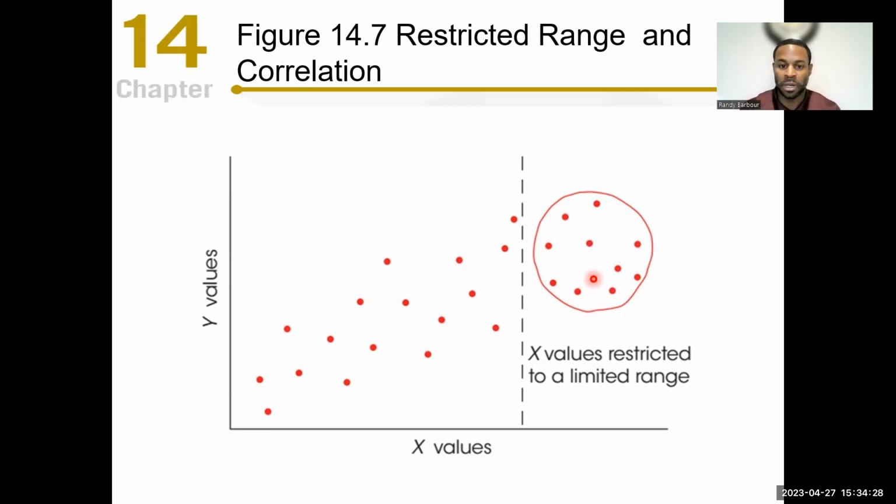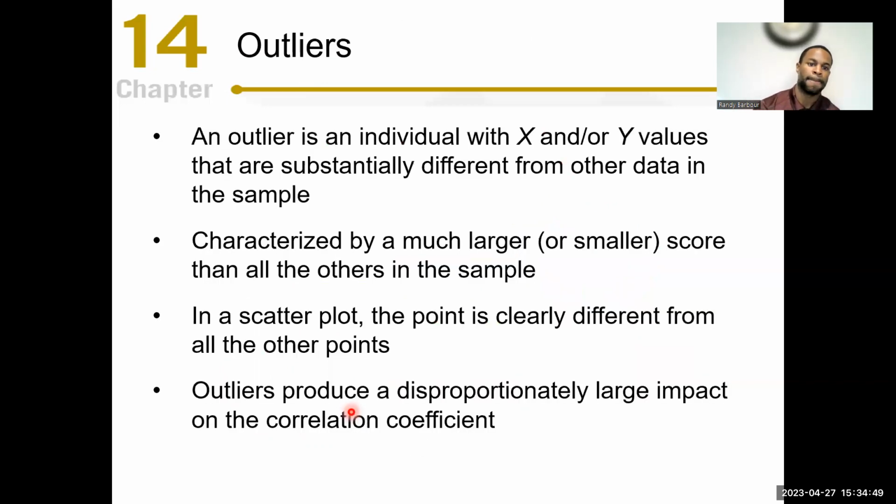So by restricting the range with this dotted line here, you see a very different correlation. Even if you restricted the range to these circles here, very low correlation, no correlation whatsoever. So be really careful about restricted range and how that affects your correlation.